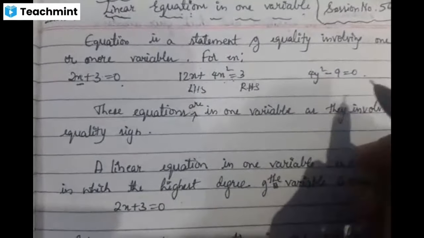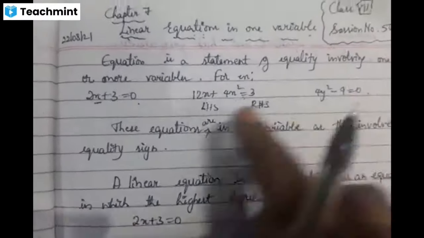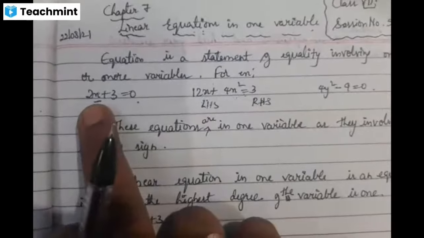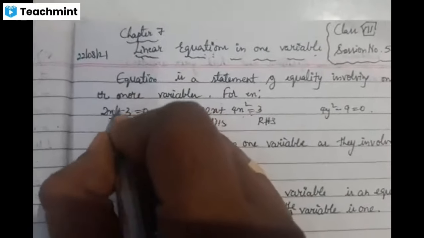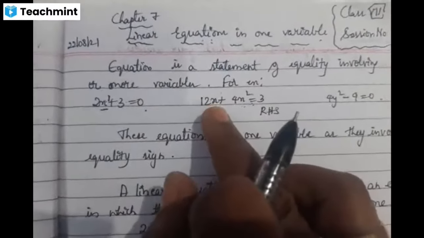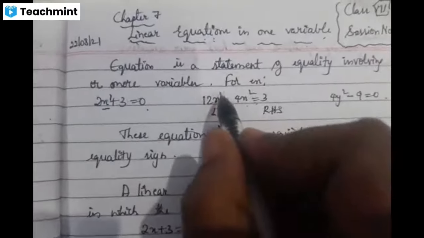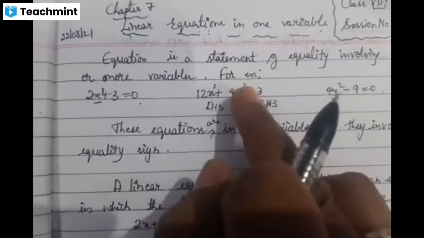Here also you can find one variable, but the power is 2 here. In this equation you can observe there is one variable, but what is the power if nothing is written? It is 1. Here you can find the variable x which is having power 1. Another variable again it is x, but its power is 2.